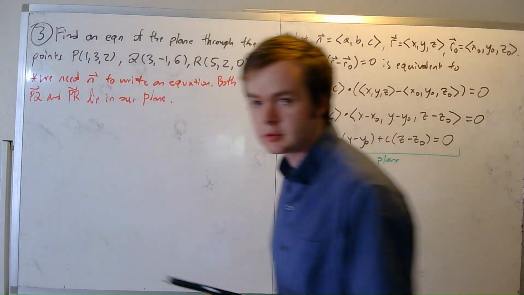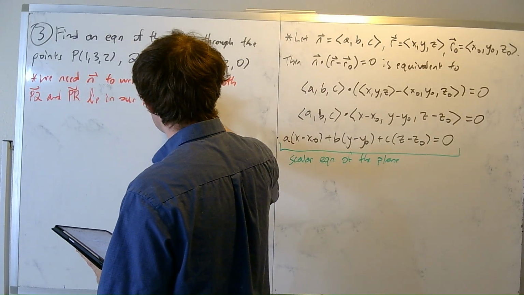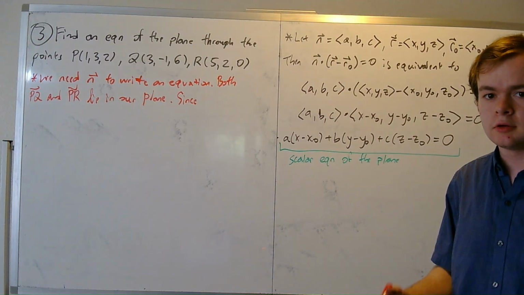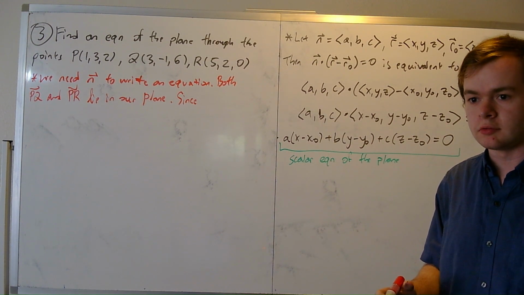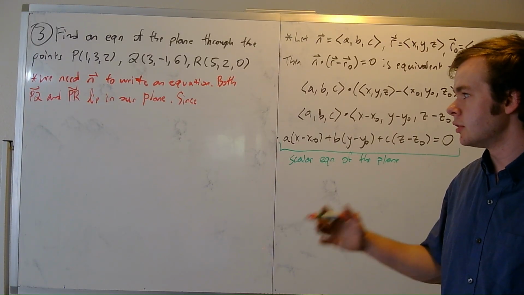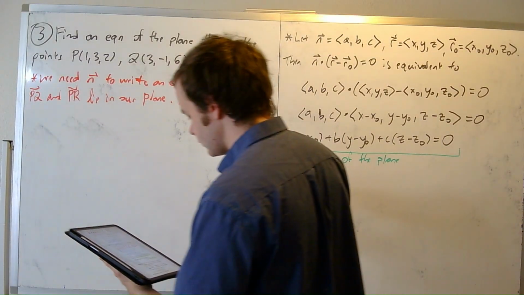So these are two vectors in the plane. And notice if you take two vectors and you take their cross product, then that's going to be a vector that's perpendicular to those two vectors. So that vector is actually going to be perpendicular to the plane. So that's what we're looking for.